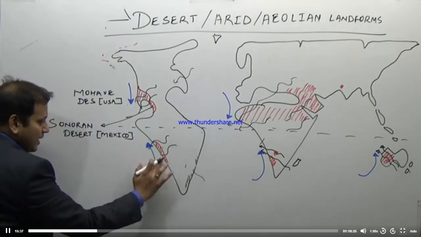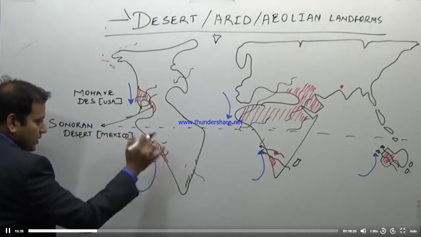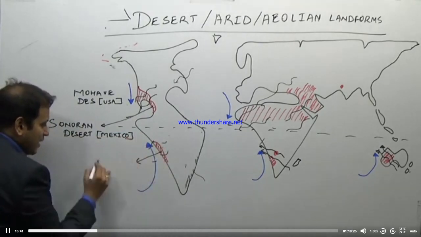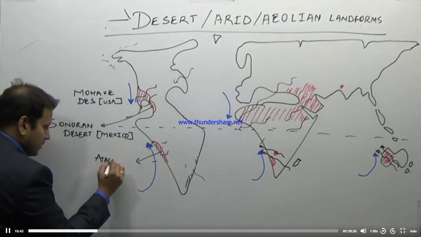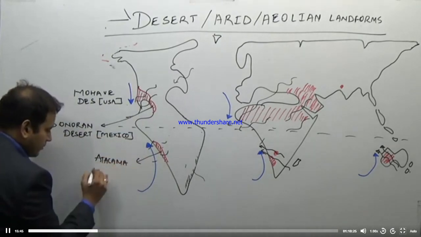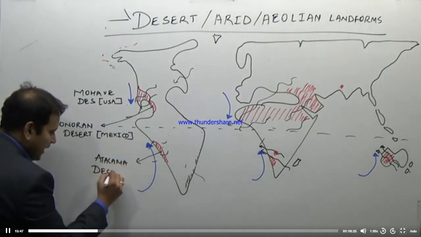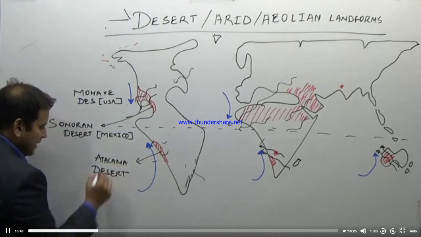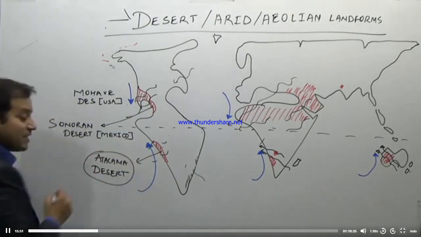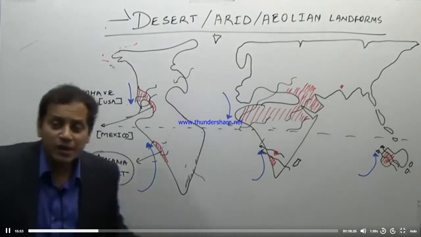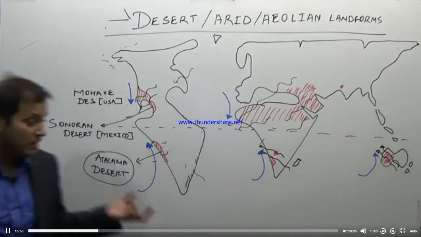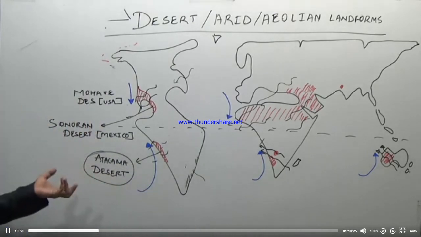Forget about these black lines, they were just to show you the trade winds. This is the Atacama Desert, South America in Chile, the driest desert in the world, जहाँ पे the rainfall is just 5 centimeters. It is the driest desert in the world.